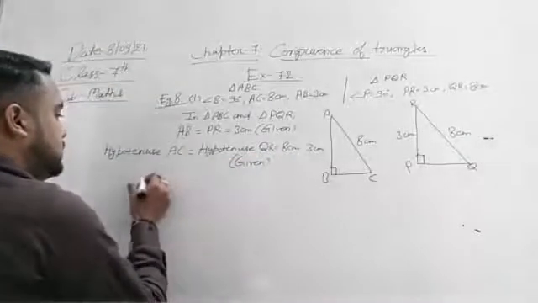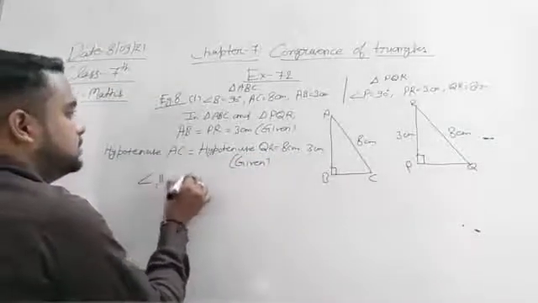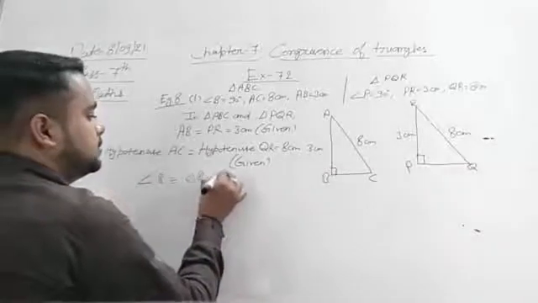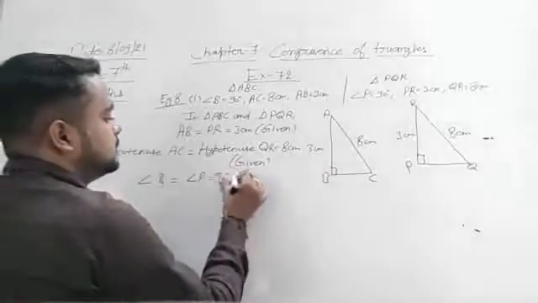And angle B is equal to angle P, each 90 degree, given.